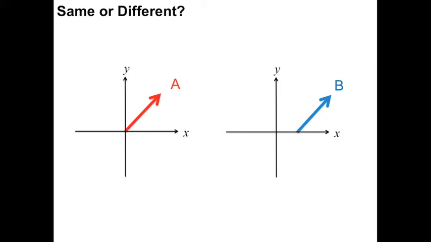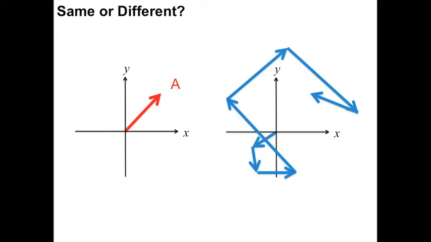Vector B starts at a slightly different position from the origin, but both of them are pointing up at a 45-degree angle from the x-axis. Well, a vector is not defined by where it starts. It's just defined by what direction it points. So if A is pointing at a 45-degree angle up from the x-axis, and B is pointing at a 45-degree angle up from the x-axis, and they both have the same length, then these two vectors would have to be the same.